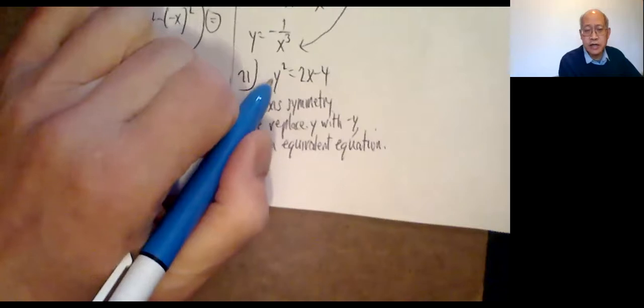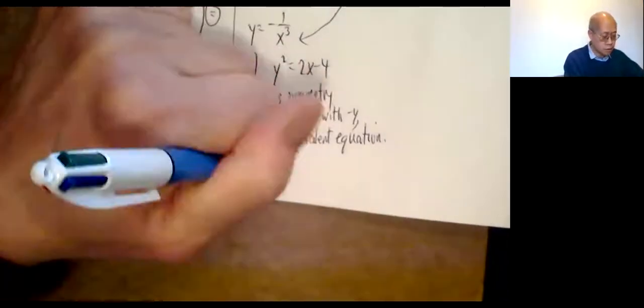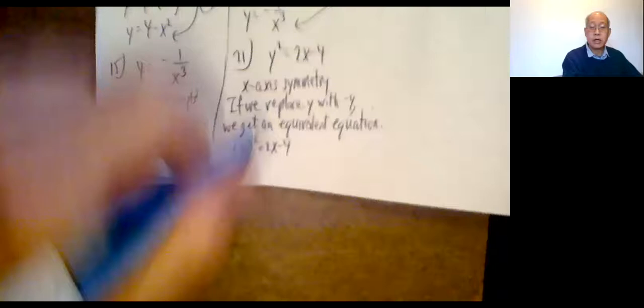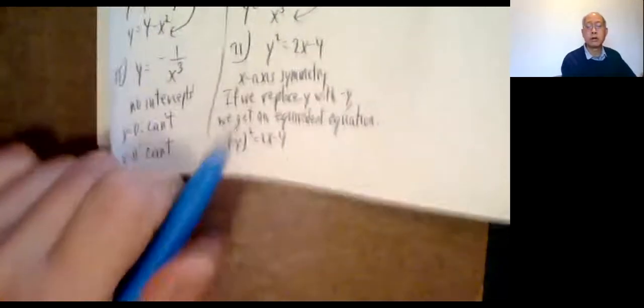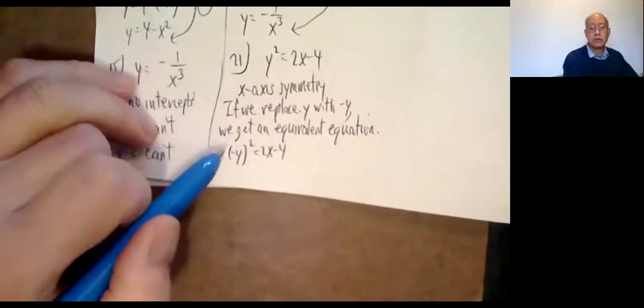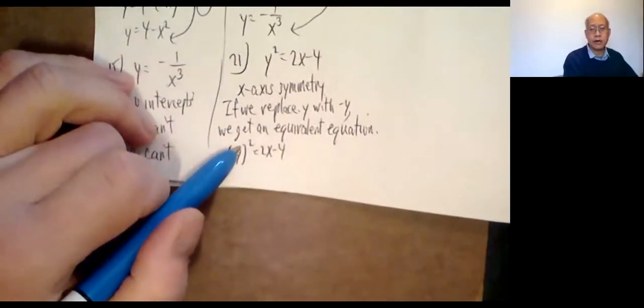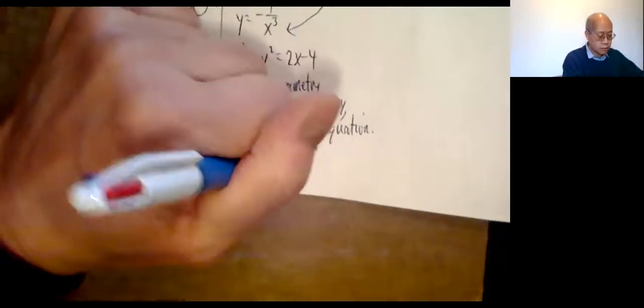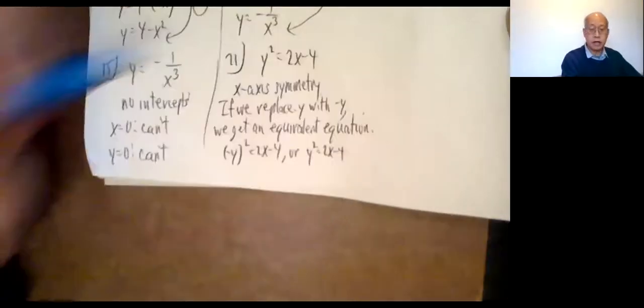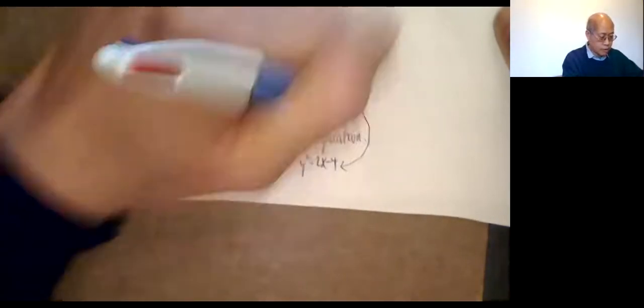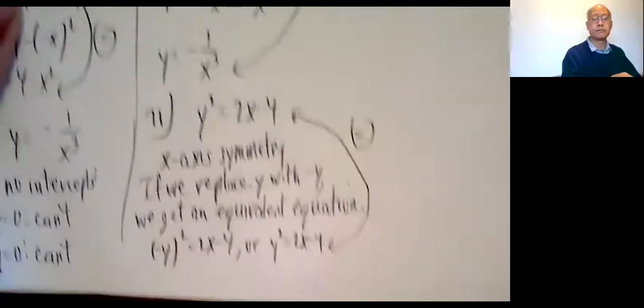If you change this to negative y squared equals 2x minus 4. Okay. What's negative y squared? Well, it's the same as y squared, where y squared equals 2x minus 4. And once again, it's equivalent to the original. And let me raise it up for you.